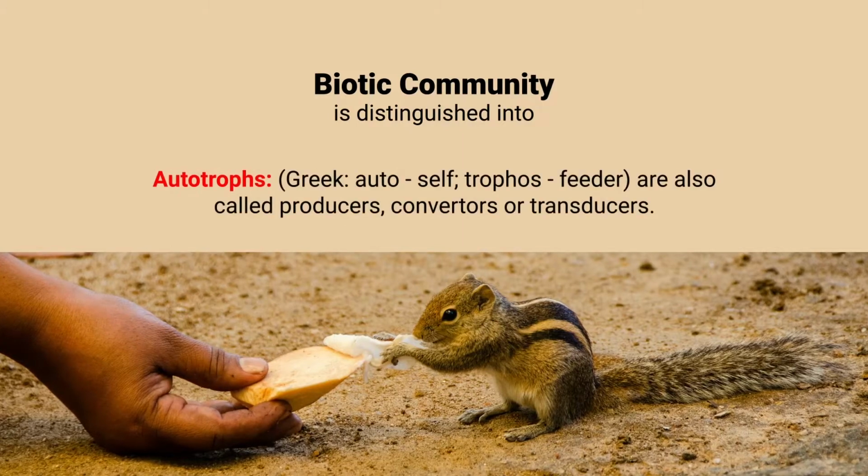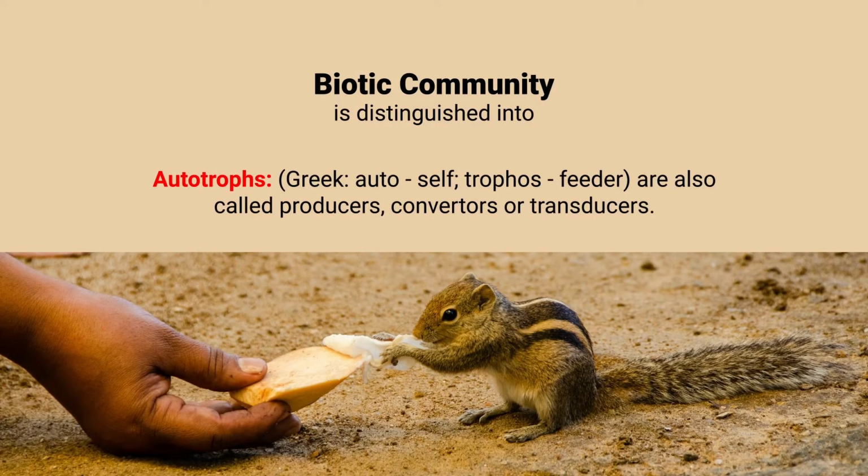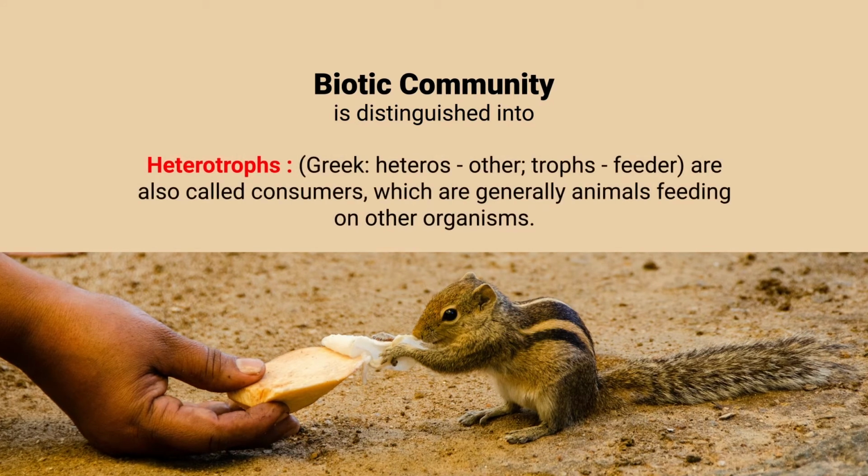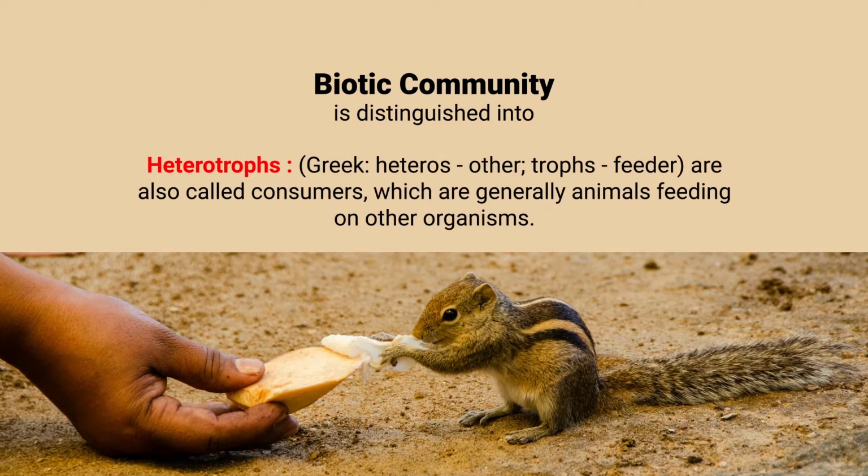Autotrophs are also called producers, converters, or transducers. Autotroph is from two Greek words: auto means self, trophos means feeder. On the other hand, heterotrophs we also call consumers, which are generally animals feeding on other organisms.